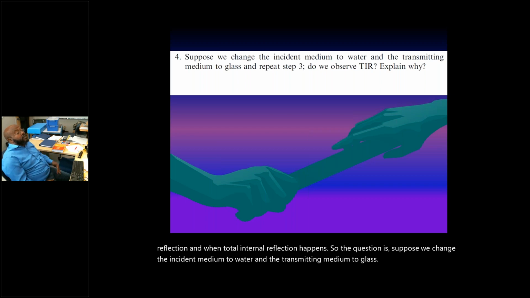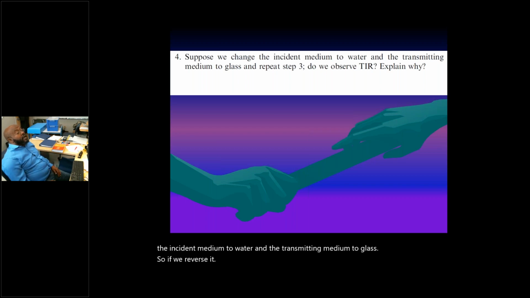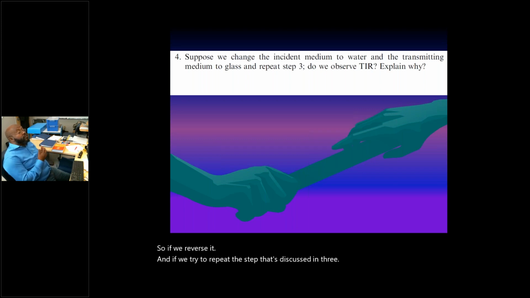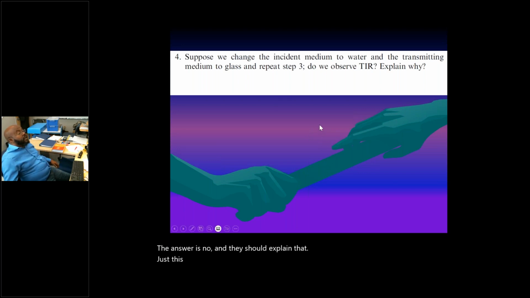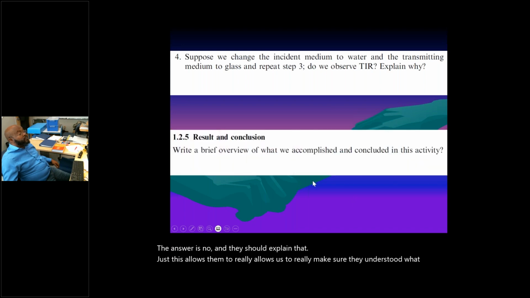So if we reverse it, and if we try to repeat the step that's discussed in 3, do we observe total internal reflection? The answer is no, and they should explain that. This allows us to really make sure they understood what they were doing.